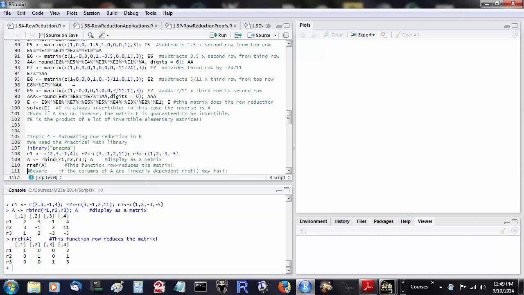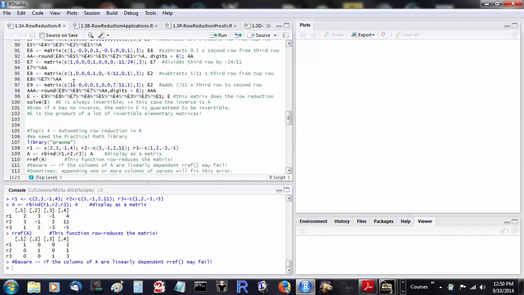This function is a little bit flaky, and if you read the documentation, it suggests that it's not for heavy-duty industrial use. It works most of the time. It always seems to work when the equation has a unique solution, but in the case where you have multiple solutions or no solutions, it sometimes gives you an error message, and in that case you have to row reduce by hand.